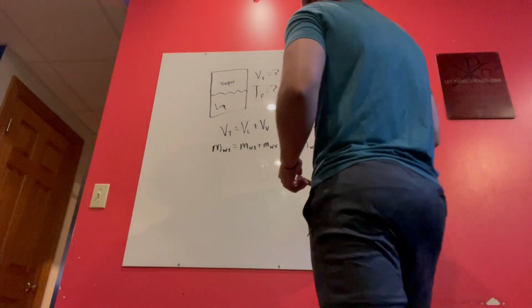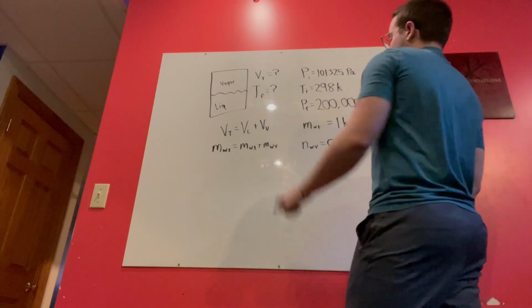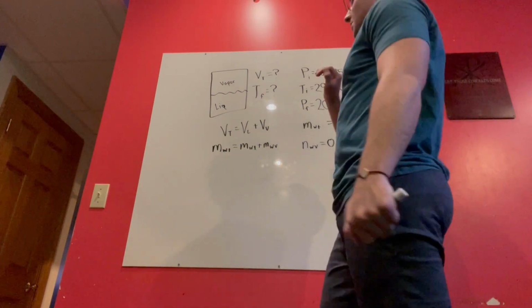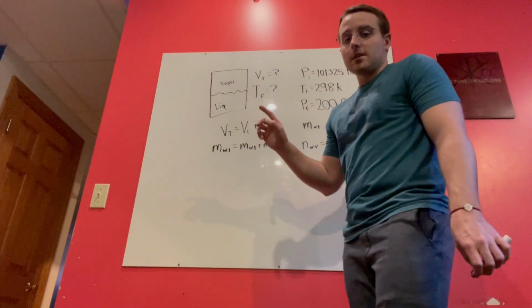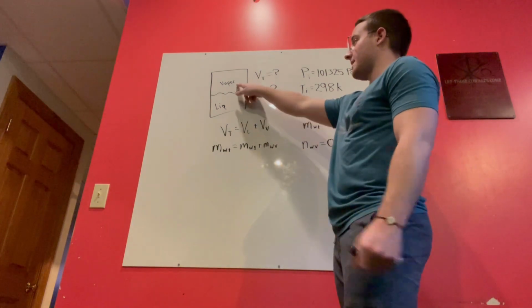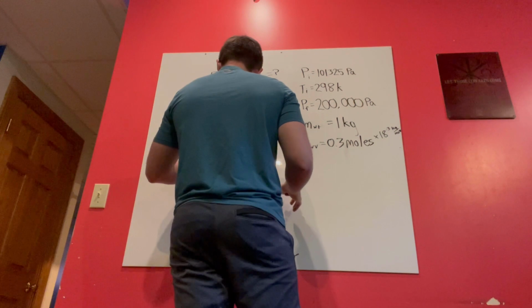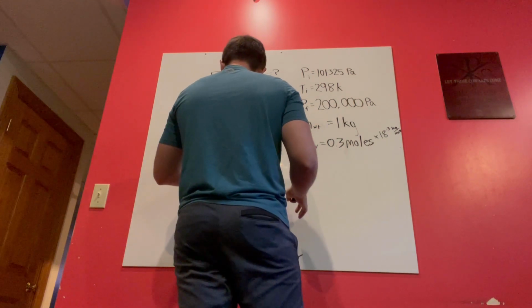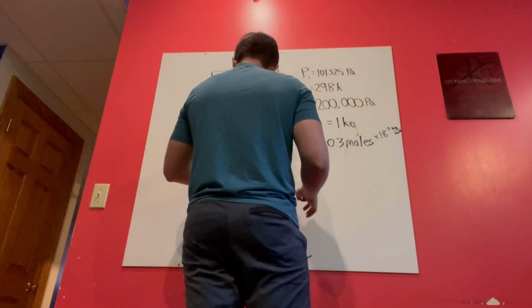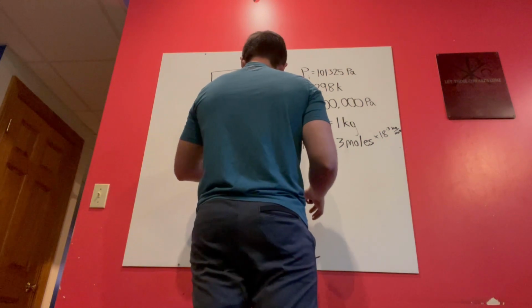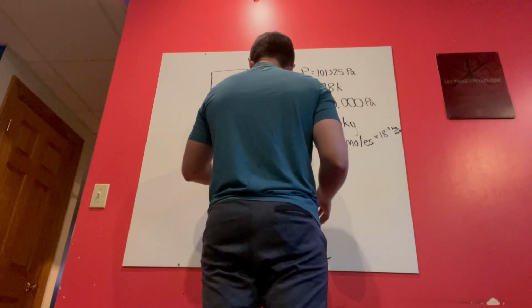We also know that the final pressure is the pressure of water plus the pressure of the air. So we're going to write that down: PF is equal to PW plus P air.